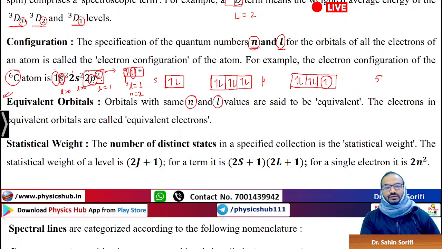For this electron also, L value is 1, N value is 2. So these electrons are called equivalent electrons. The orbitals are equivalent orbitals, which have same N and L. The electrons in the equivalent orbitals are called equivalent electrons. This term will be used later on also. So remember this.